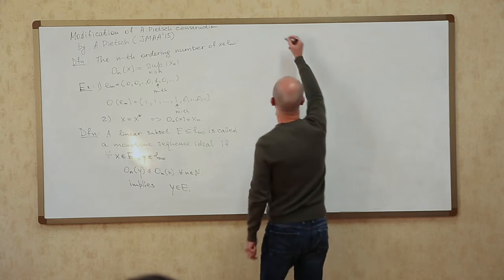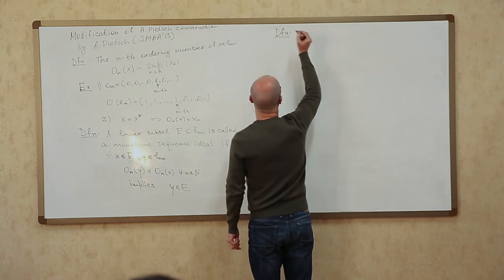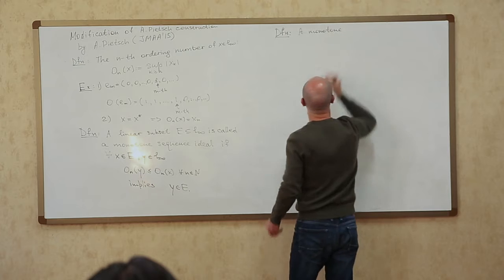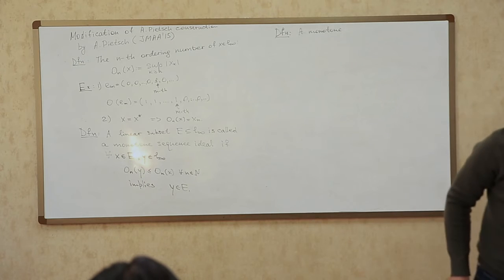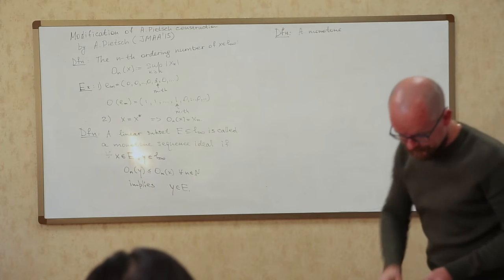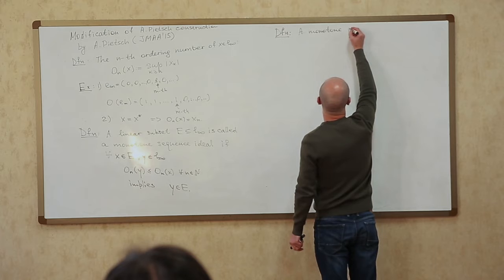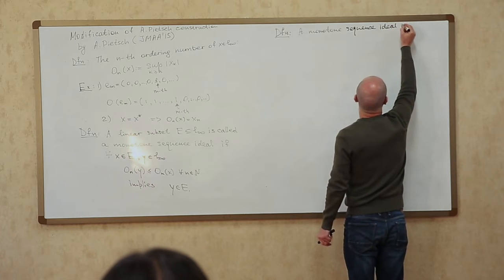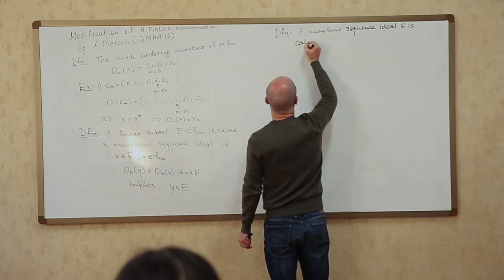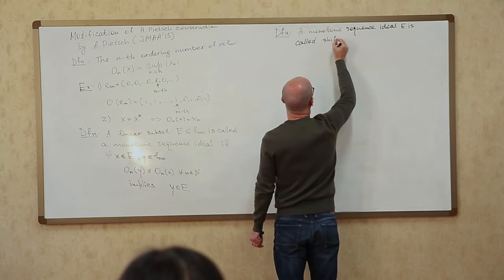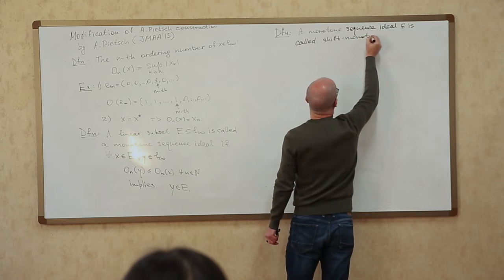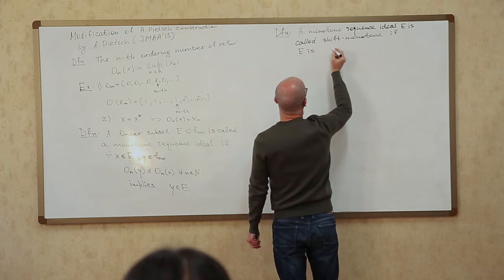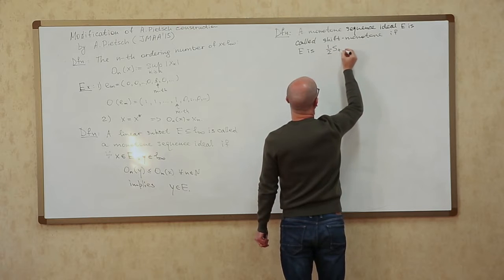And one more definition. A monotone sequence ideal is called shift monotone if E is S plus invariant.